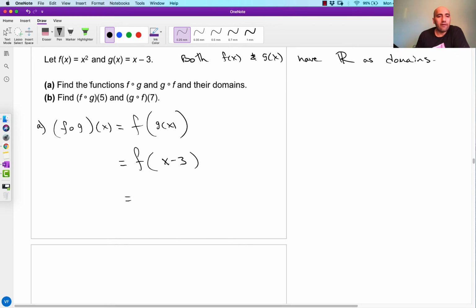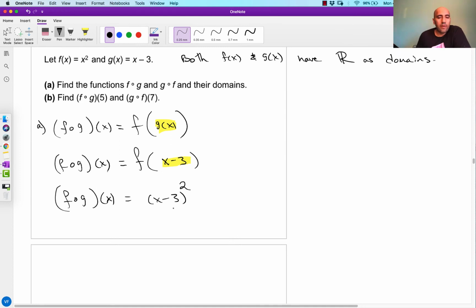And now the f function says whatever the input is, square it. So my final result is going to be this squared, because g of x is x minus 3. And then the f function says whatever the input is, square it. So that is f composed with g evaluated at x.